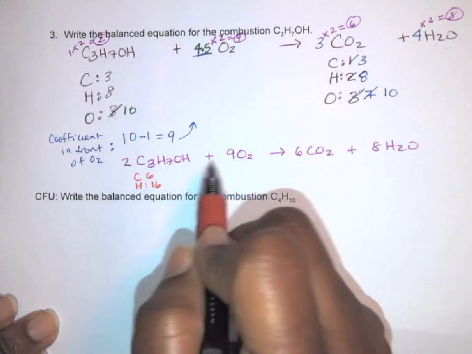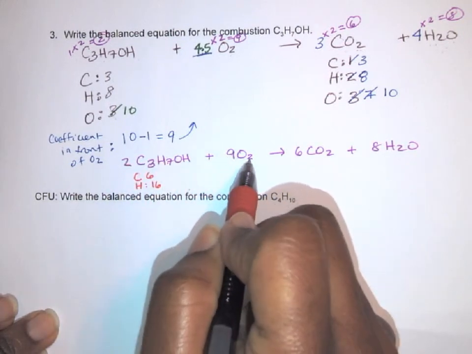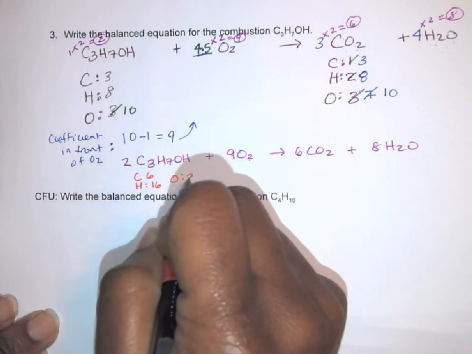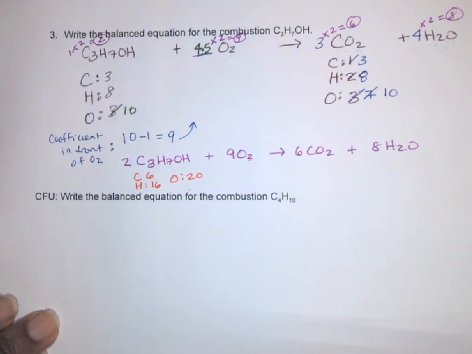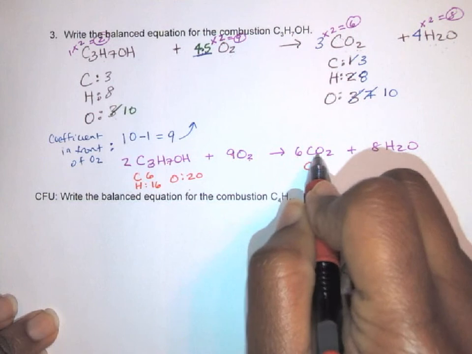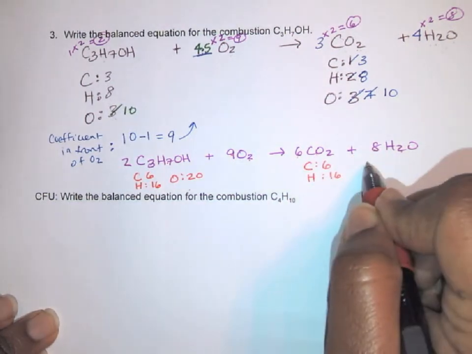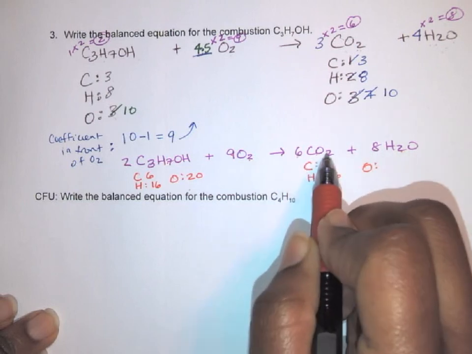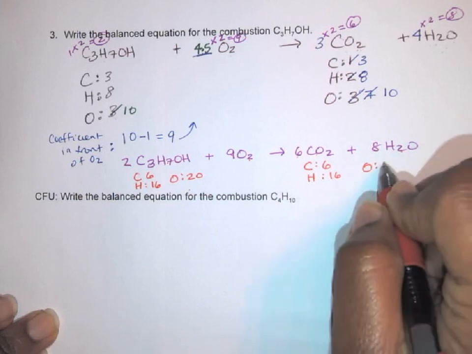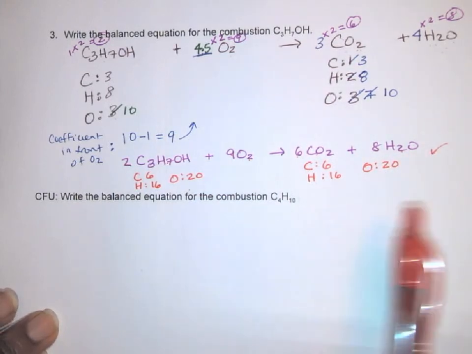For oxygens, we have 2 from this molecule, plus 9 times 2, which is 18, so 18 plus 2 gives me 20 oxygens. Let's see what we got on the other side. For carbons, we've got 6. Hydrogens, we have 8 times 2, which is 16. So far that's looking good. For oxygens, we have 6 times 2, which is 12 from the CO2, plus the 8 from the water. 12 plus 8 gives me 20. So this equation is balanced.